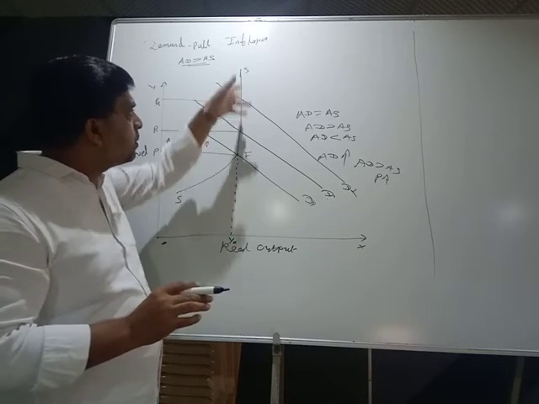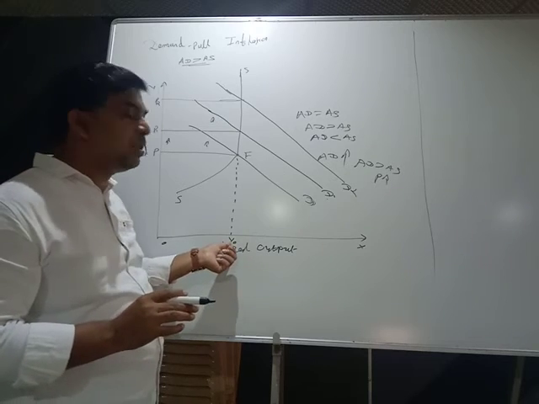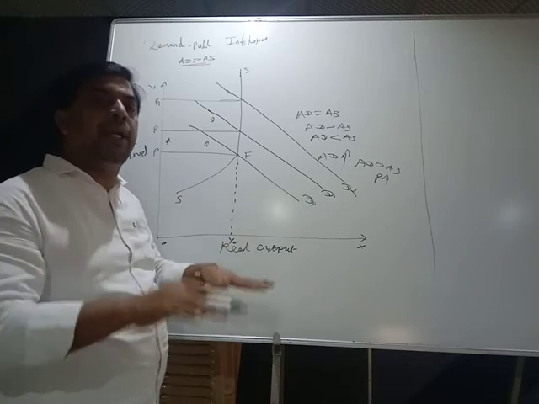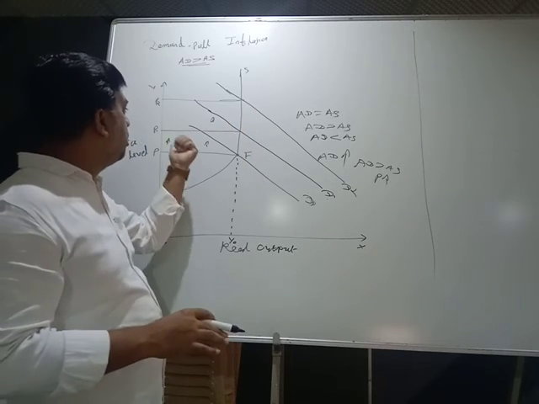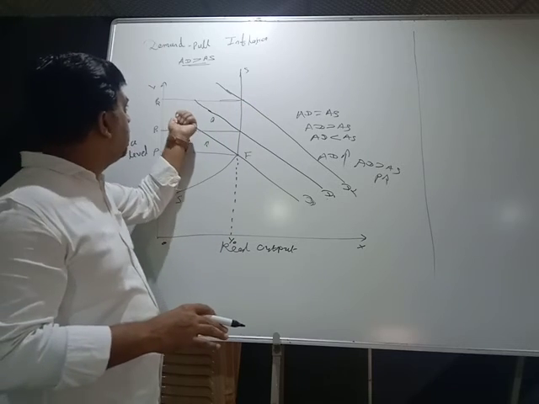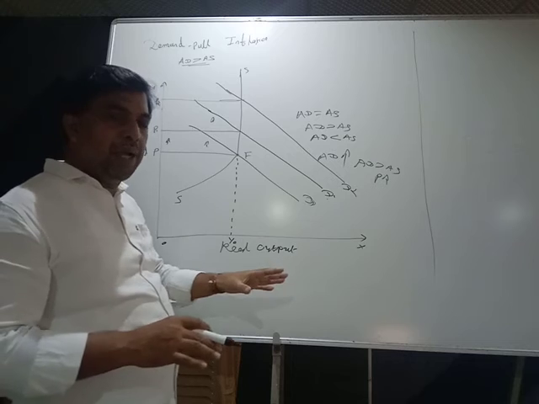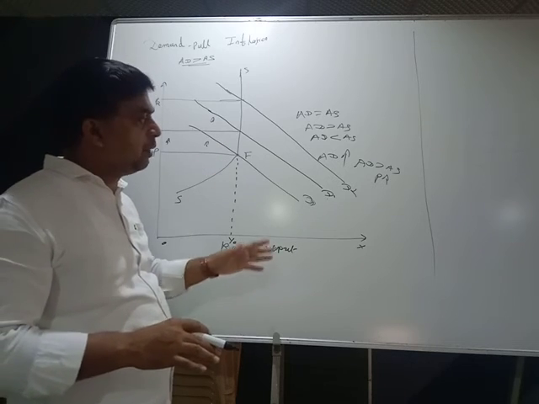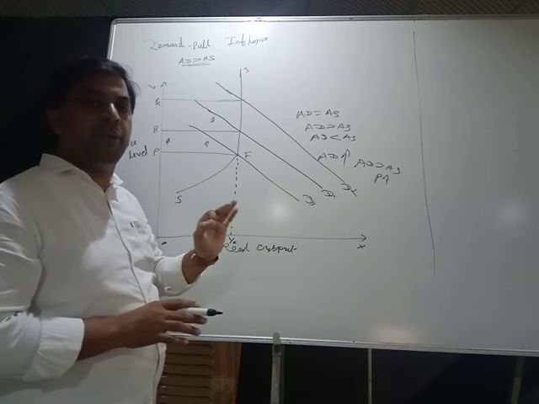Because beyond this point, the supply curve becomes a vertical straight line. OY0 is the output at the level of full employment. Demand rises, supply constant, price level shifts to P1. Again demand rises, price level increases to P2. So the increased demand, excess demand over supply of goods and services, pulled up the price level to a higher level. That is known as demand pull inflation.